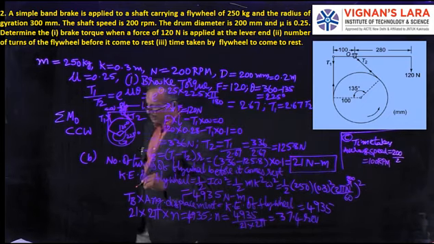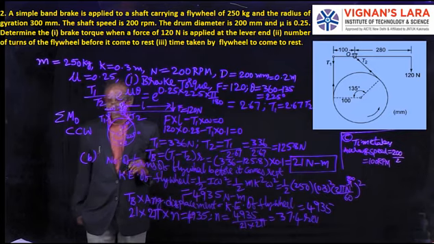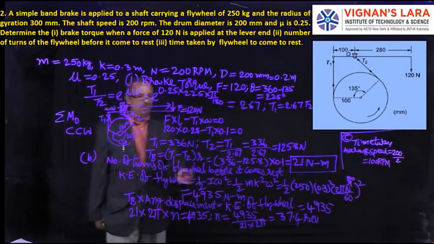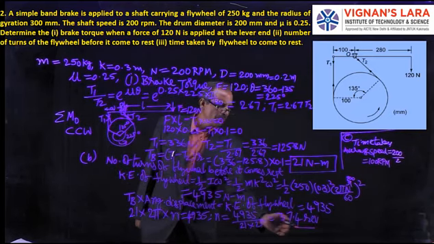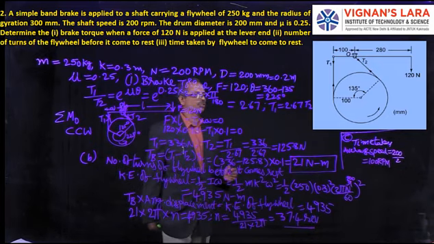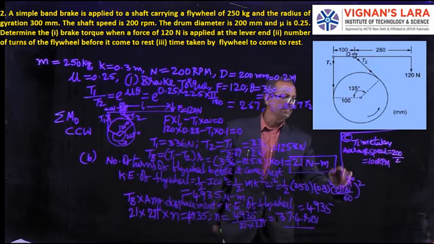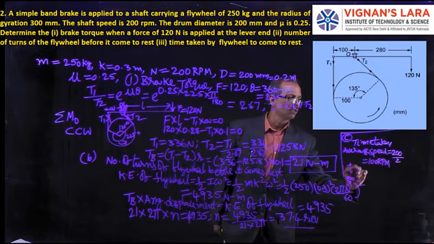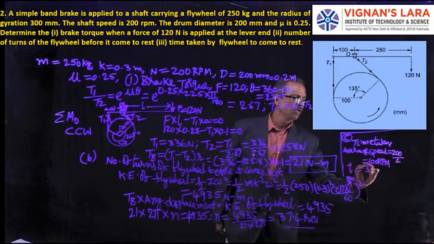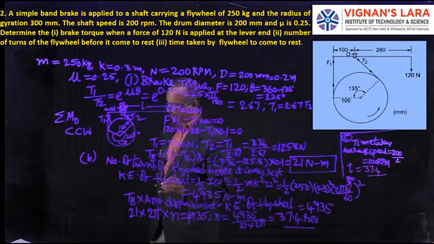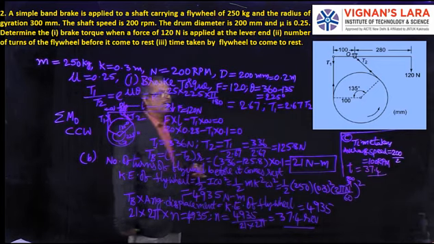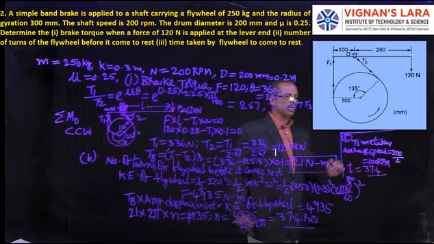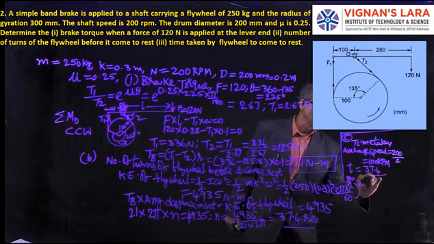Then the time taken is required. We got 37.4 revolutions. Then the time taken T is equal to 37.4, that is the number of revolutions, divided by its average speed, 100 rpm, that is 100 by 60 in RPS.